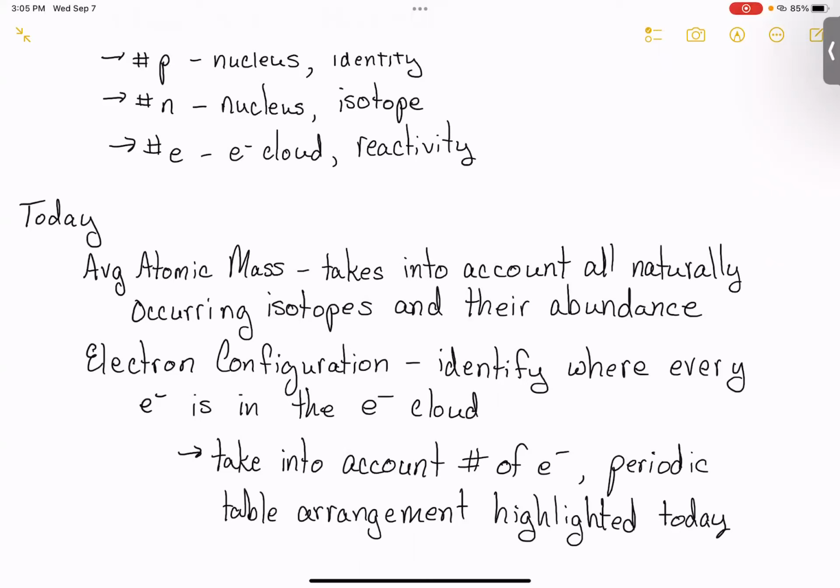The electron configuration helps us to understand why group 1 elements always form a +1 cation, which we'll talk about more later, and why group 17 halogens always form a -1 anion. It all has to do with their electron configurations.